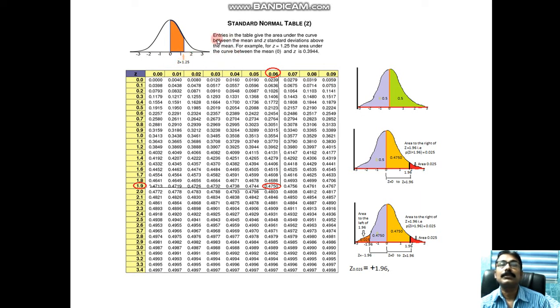The entries in the table give the areas under the normal curve between the mean value and z standard deviations above the mean value. For example, for z equals 1.25, the area under the normal curve between the mean value 0 and z equals 1.25 is 0.3944. So from the table value we can calculate this.